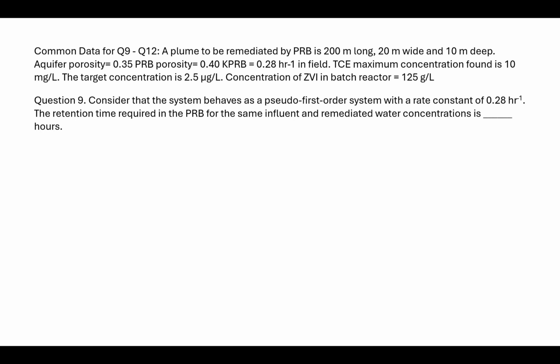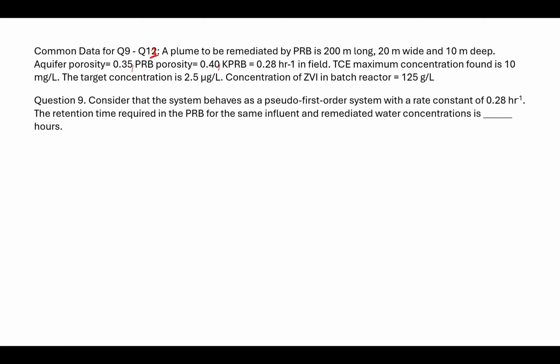So questions 9, 10, and 11. There are only 3 numericals based on this problem statement. The problem statement is: a plume to be remediated by PRB is 200-meter long, 20-meter wide, and 10-meter deep. Aquifer porosity is 0.35. PRB porosity is 0.04.